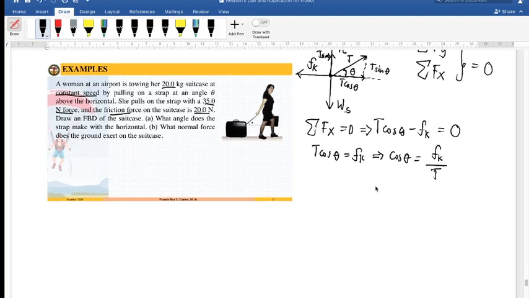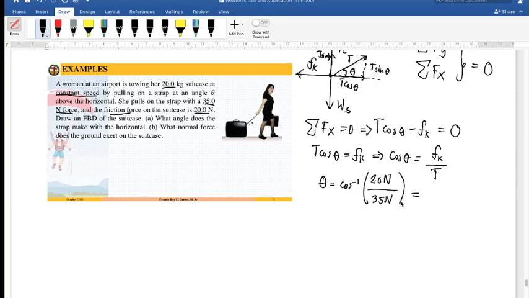And taking the inverse cosine to find theta. Okay, so theta is equal to inverse cosine of Fk, which is 20 Newton, over the tension, which is 35 Newton. So that is how much? Can I just get my calculator?